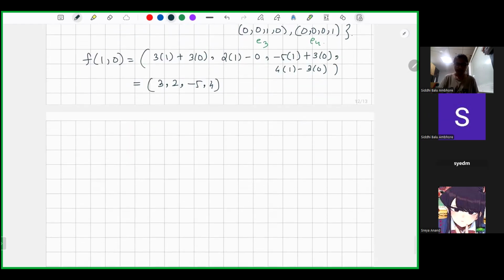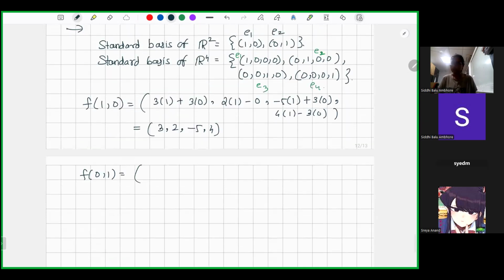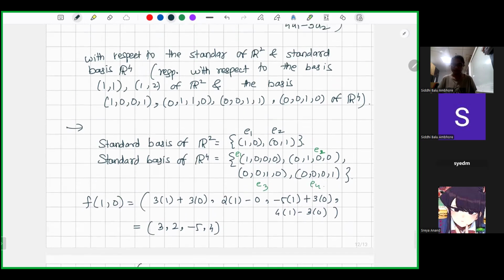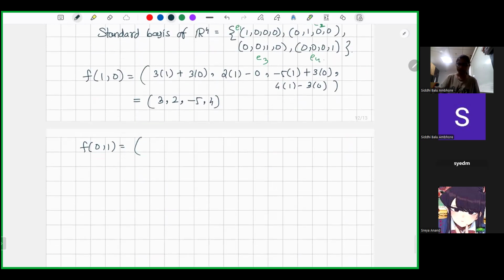Okay. And f of 0, 1 will be what? Let me just look at the map. 3 into 0 plus 3 into 1, comma 2 into 0 minus 1, comma minus 5 into 0 plus 3 into 1, comma 4 into 0 minus 3 into 1.